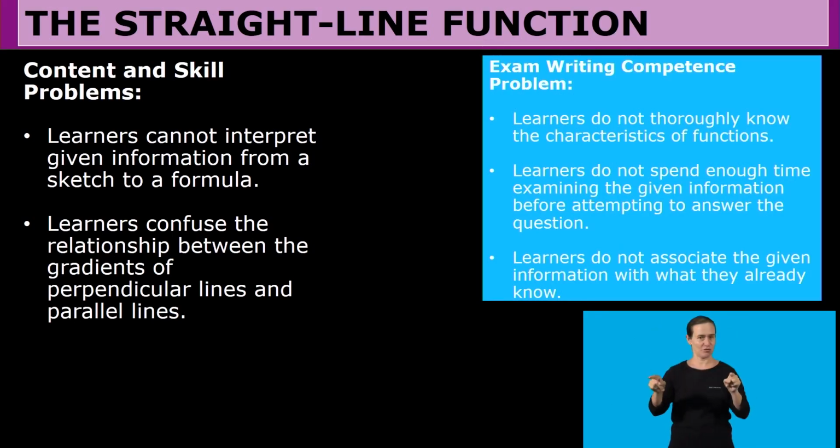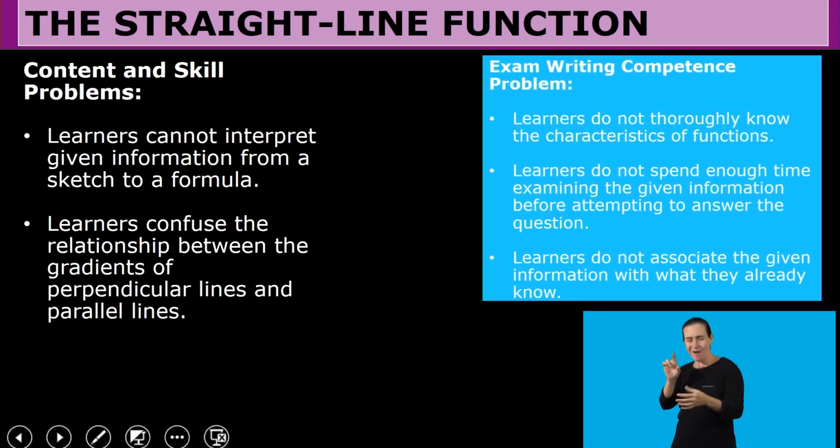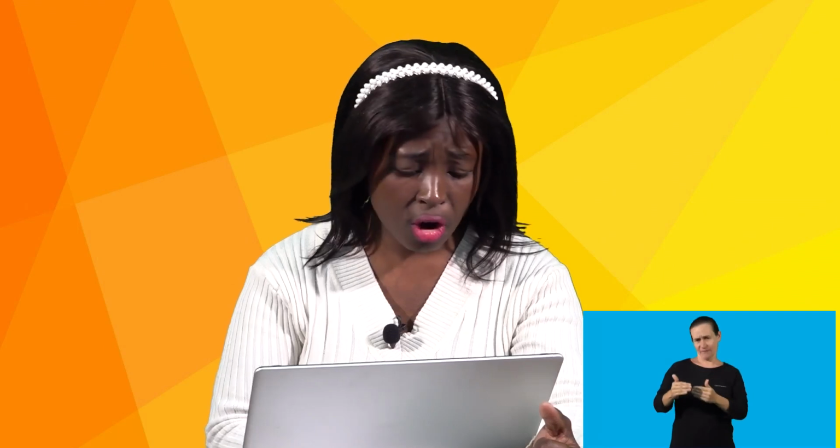Now, when it comes to the exam, learners do not thoroughly know the characteristics of functions. Learners do not spend enough time examining the given information before attempting to answer the question. And also, learners do not associate the given information with what they already know. So those are the things that you should be careful of when writing an exam.